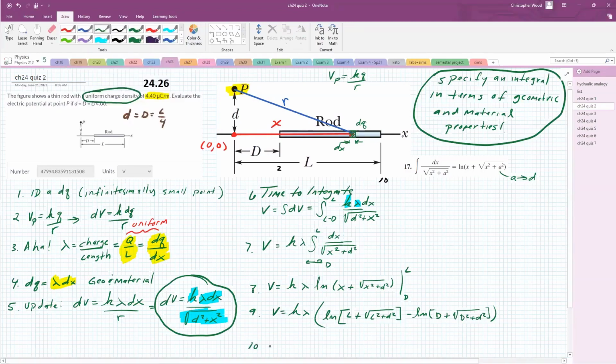Voltage is K lambda, natural log of L plus the square root of L squared plus little d squared, and little d is L over 4, so this would be plus L squared over 4.